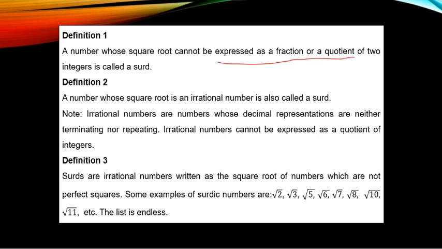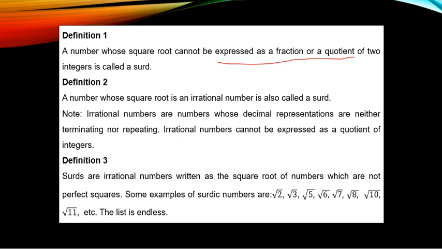Quotient means division in the form of p and q, as we said earlier. Such numbers are referred to as surds. That is the first definition. Second, a number whose square root is an irrational number. Just like the first one, you cannot express it as a fraction or quotient.